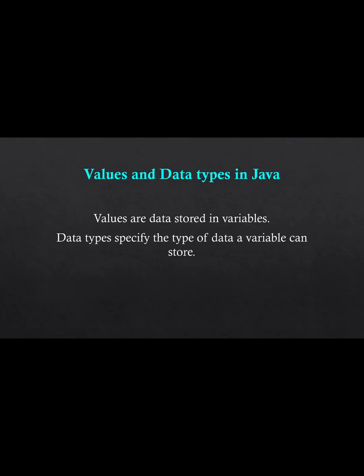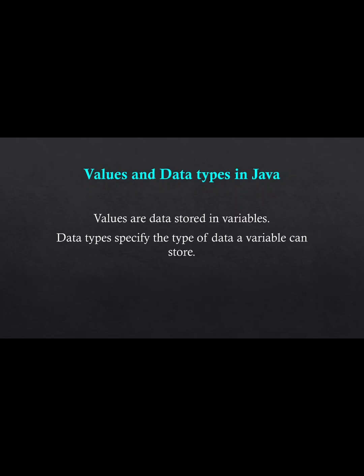I hope you have understood what values, data types, and variables mean in Java. Values are the data stored in variables. A variable is the name given to a memory location. And data types specify the type of data which a variable can store.